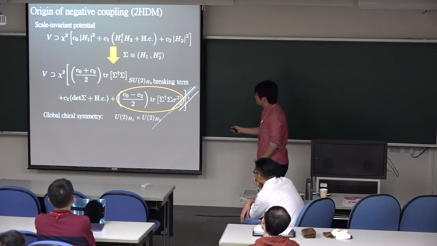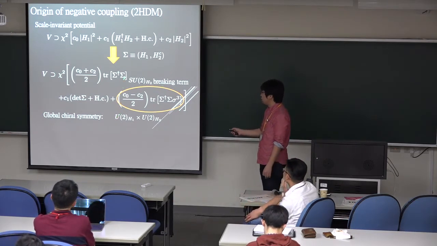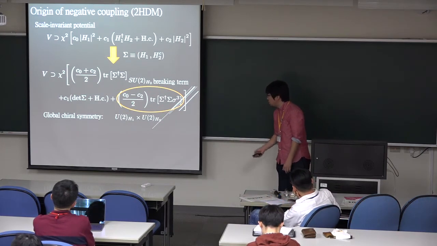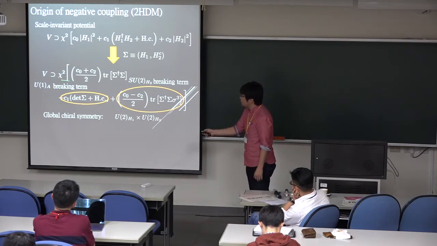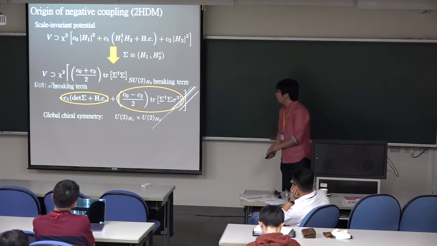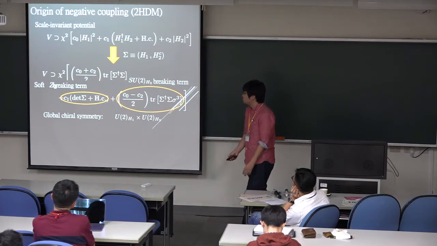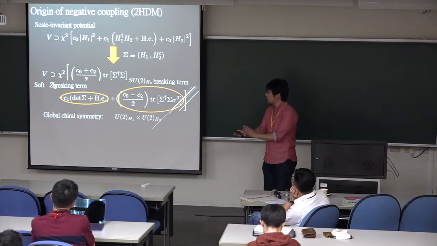And this last term is regarded as the SU(2)_H breaking term, which can break part of this U(2)_H2. And also this second term corresponds to the U(1)_axial breaking term, which can be regarded as a soft Z2 breaking term. So once you have this kind of term, you can break the symmetry between H1 and H2.